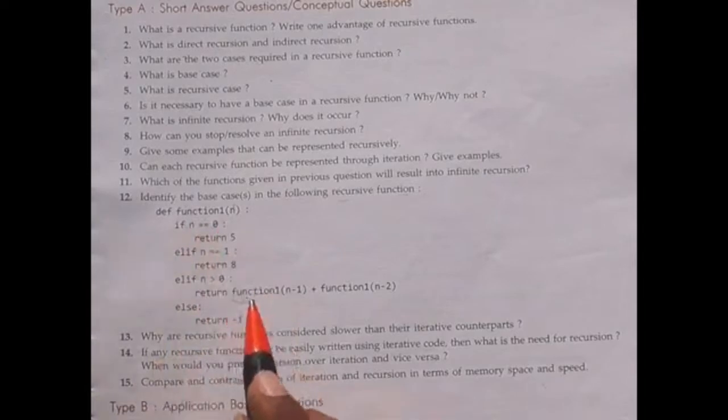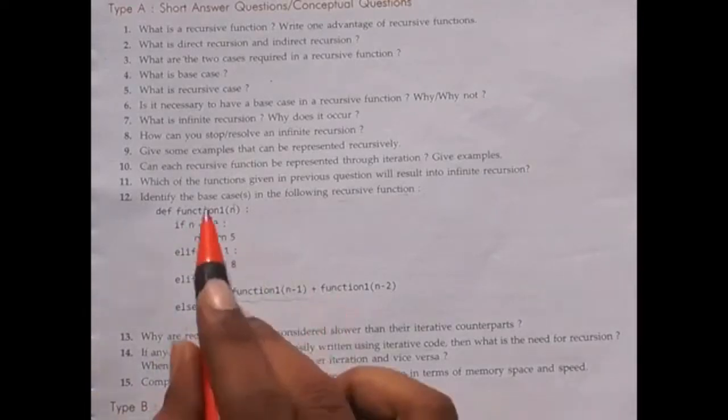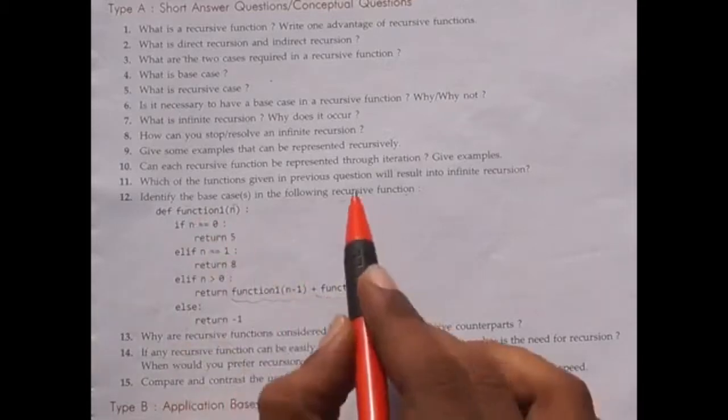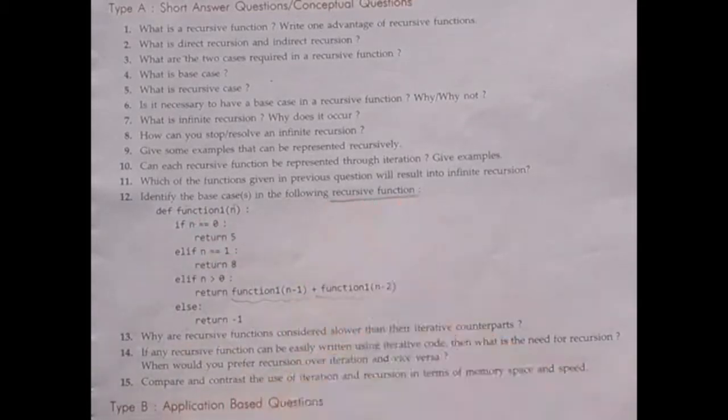Listen here, this is a program that contains one function. Whether it is a recursive function or not: inside the function definition itself, there is a calling statement of the same function, so this is a definite recursive function.